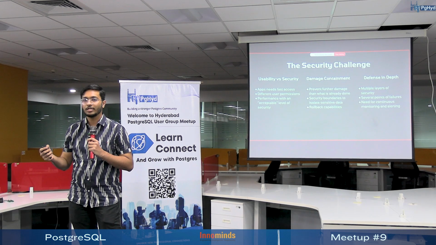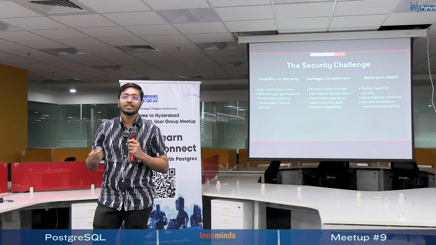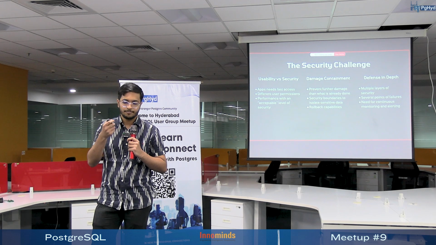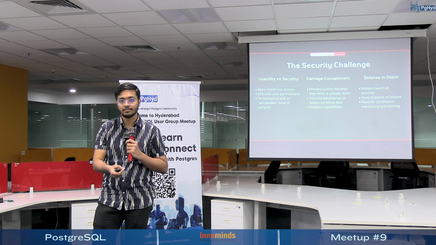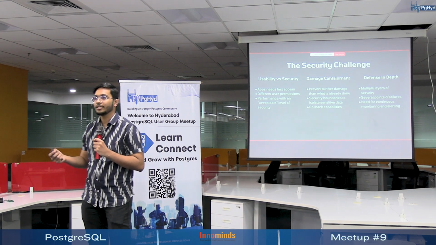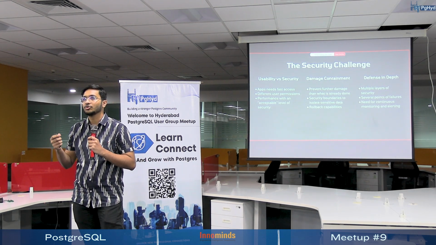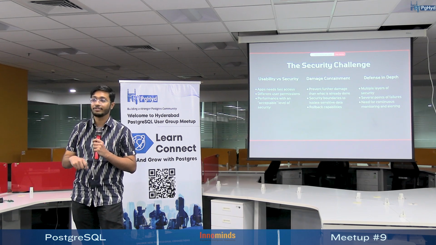So let's say your operating system has already been compromised. How can you prevent your data from being leaked, even with a compromised server? These kind of things become very important, because you don't want just one place where if that particular place goes down, everything else goes down.